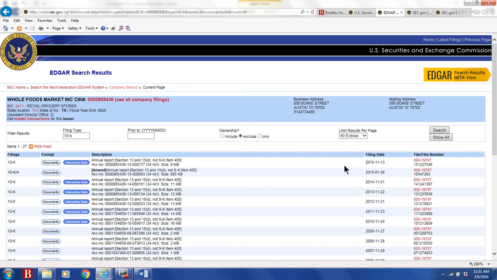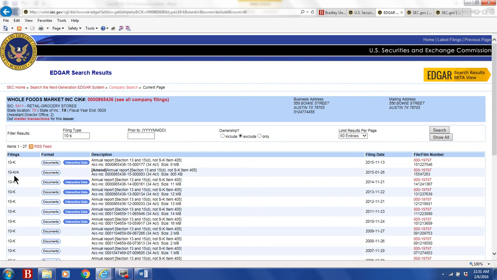This is a deadline imposed by the SEC. They're not going to let companies take as much time as they want to provide information. So you can see that the documents out here are 2015 November, 2014 November, 2013 November, so there's a whole series of them.